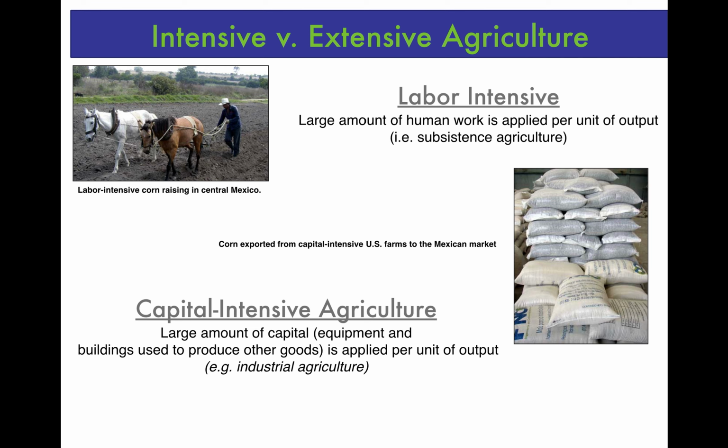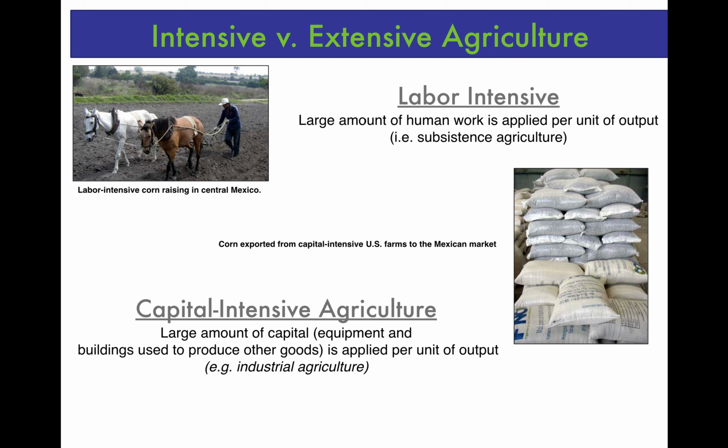We're talking that there was a mechanized tractor on the land where this corn was produced, or that there was a very precise irrigation system or watering system used for these crops. So capital intensive agriculture is going to be far more representative of commercial agriculture, or what it evolved from the green revolution technologies.